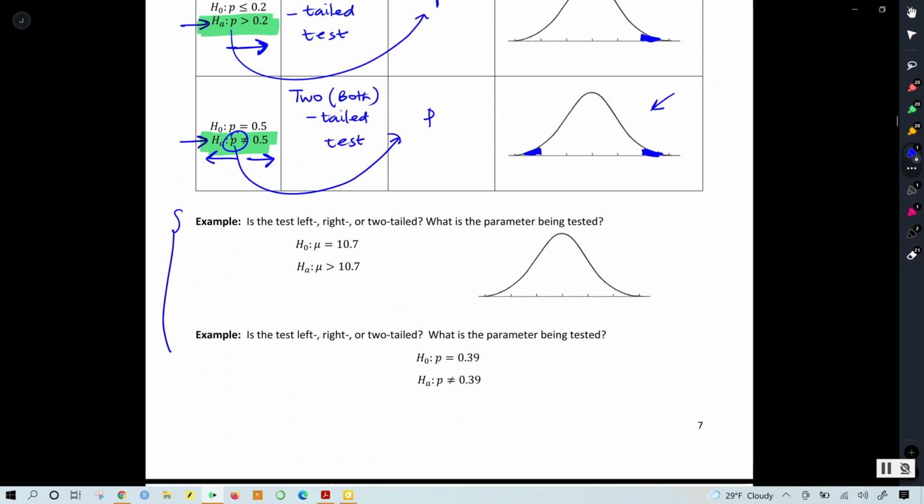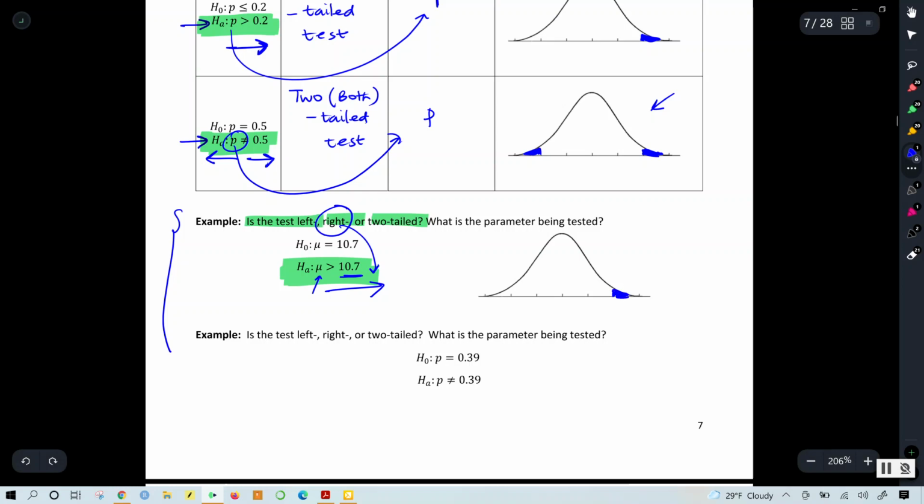So assuming you paused the video, here we go with the corrections. So I need to decide whether this is a left, right, or two-tail test. I will simply go to the alternative hypothesis. I see the mean is greater than 10.7, so that will be in only one direction. And that direction is to the right of 10.7, so I can shade here. And the parameter being tested is no doubt the population mean. Example 2, or the next example. The same prompt.